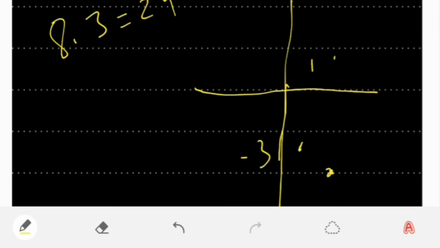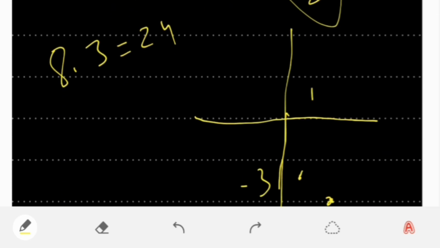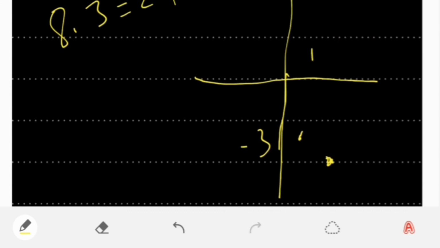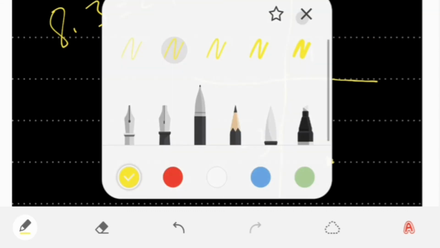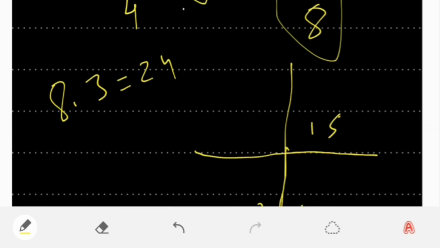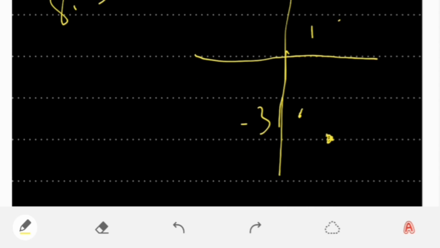So let us call this point over here the point of the vertex, okay? The vertex. It is in 5 divided by 4, okay? 5 divided by 4 over here, and it is slightly smaller than minus 3.